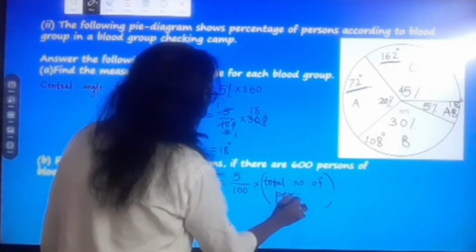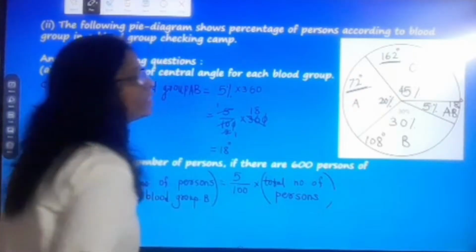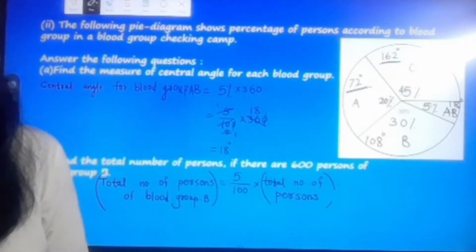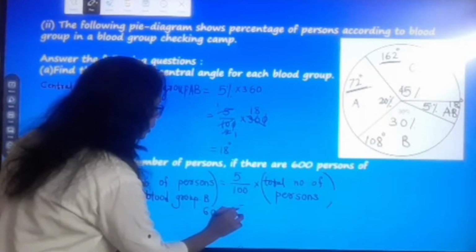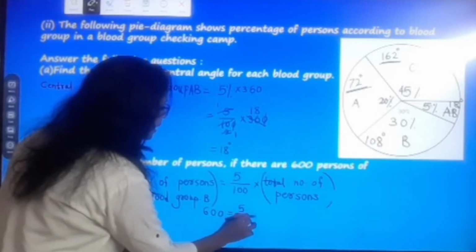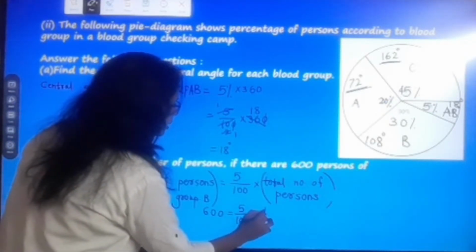So here, students, we have to write down that 600 is equal to 5 upon 100 multiplied by total number of persons.